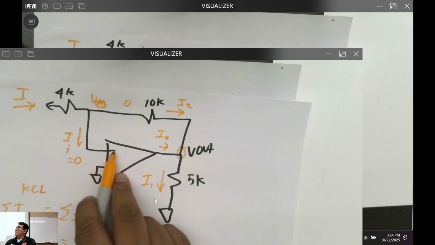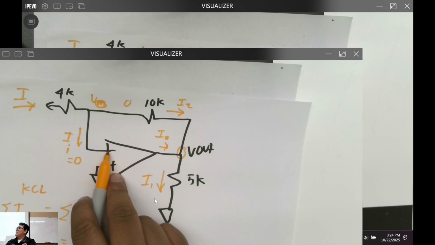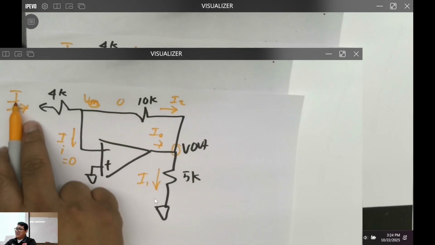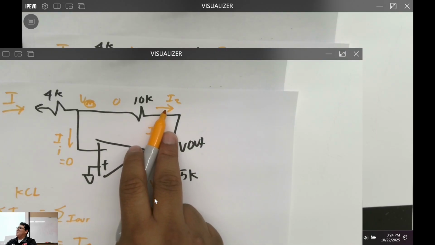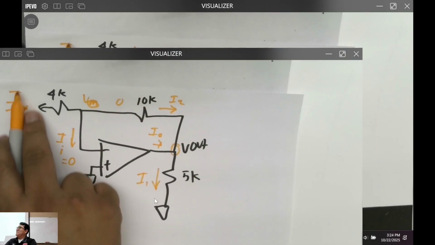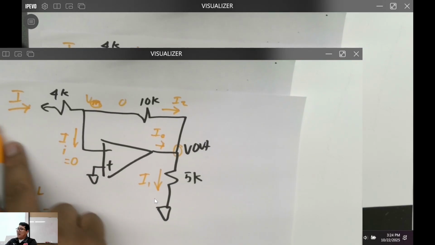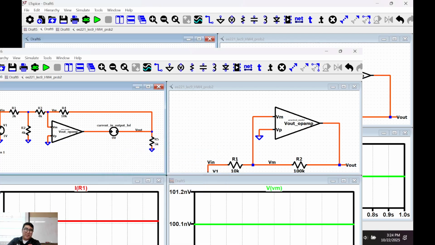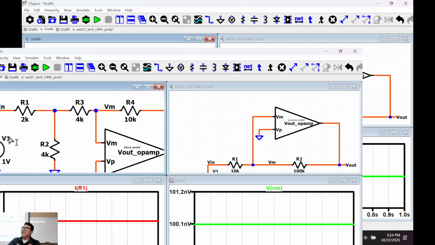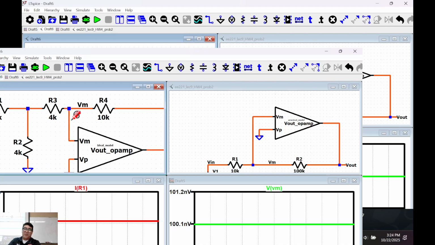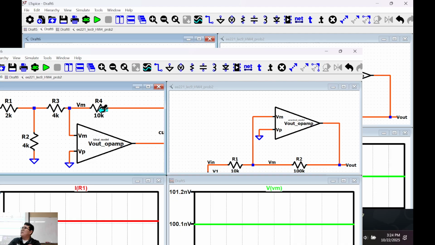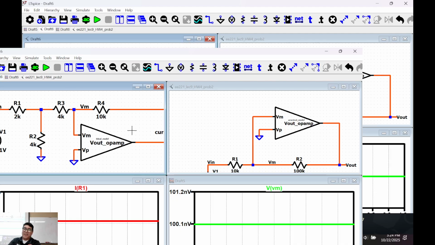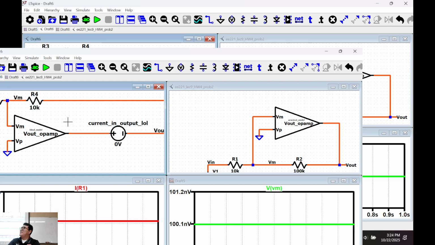The current going into this is 0, right? So that means what is this big I equal to, or I2 equal to? Whatever I is coming in there, right? So that's why you need this voltage over here. It's going to create a current that's going to roll all the way over here, and it's going to go all the way here, and that's where you get your amplification. That make sense?